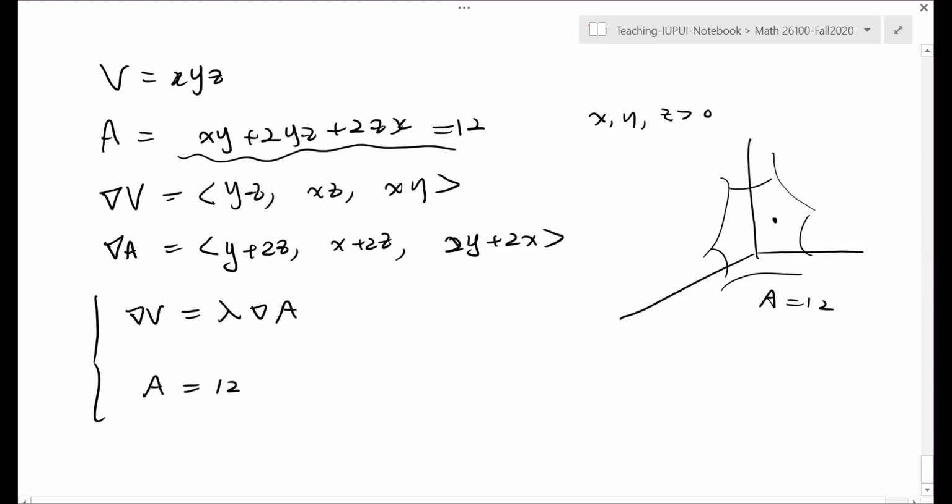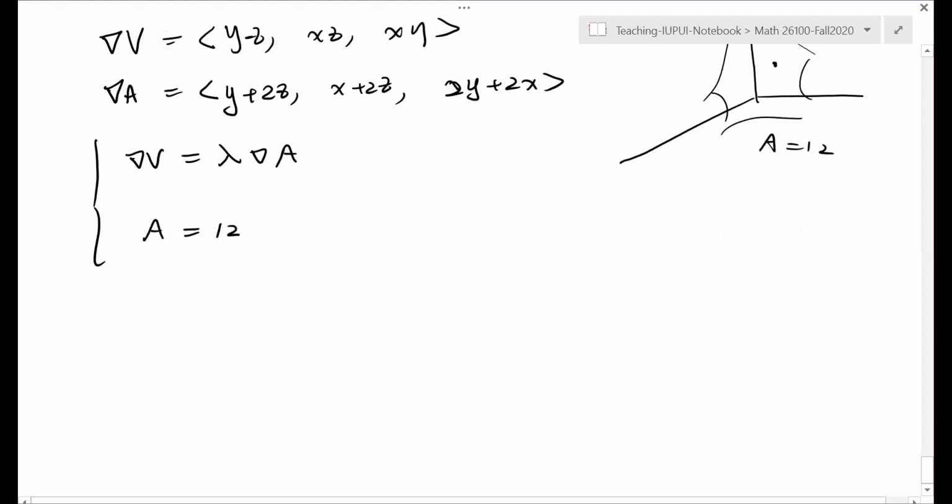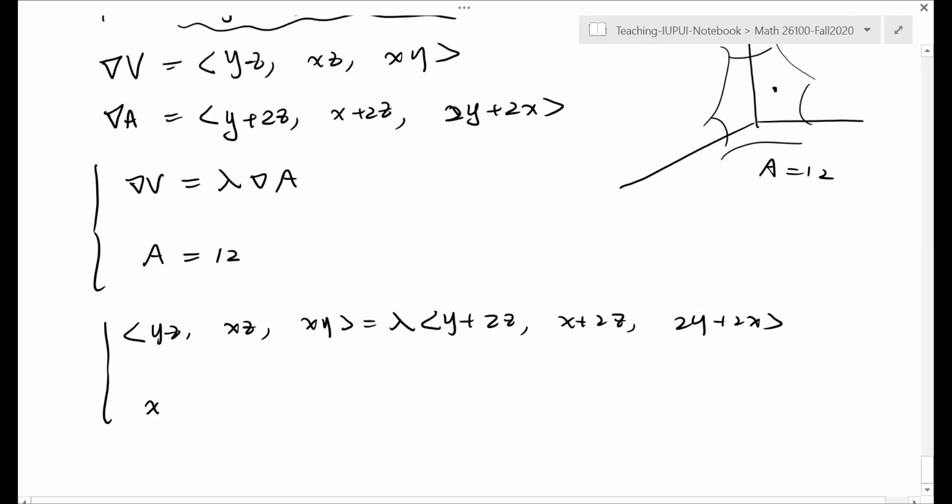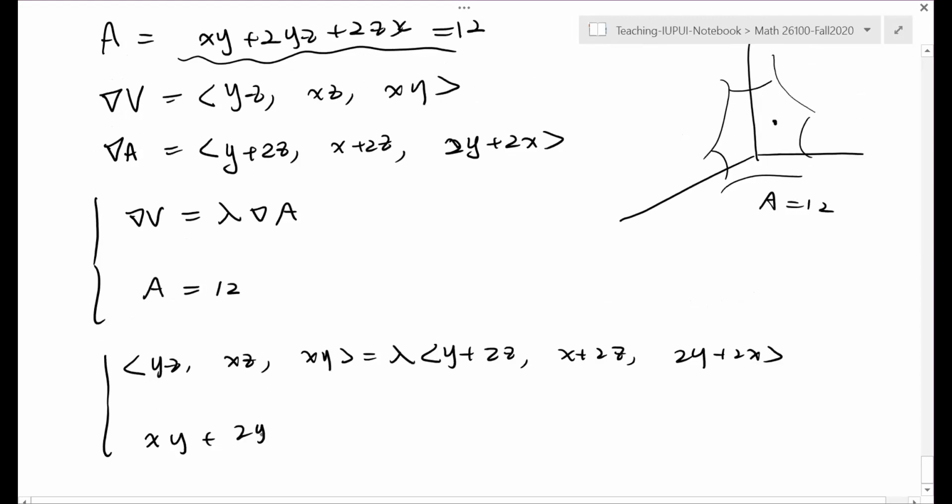How many equations are you going to get? yz, xz, xy equals lambda times y plus 2z, x plus 2z, and 2y plus 2x. Another one is still A equals 12, so xy plus 2yz plus 2zx equals 12.